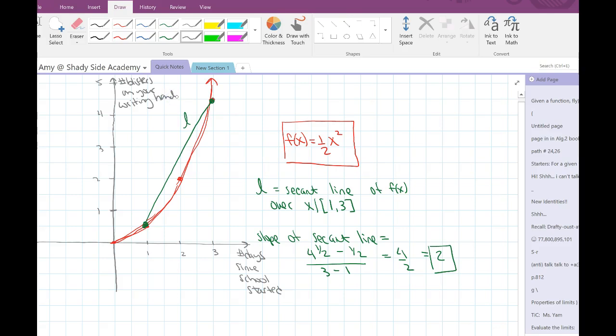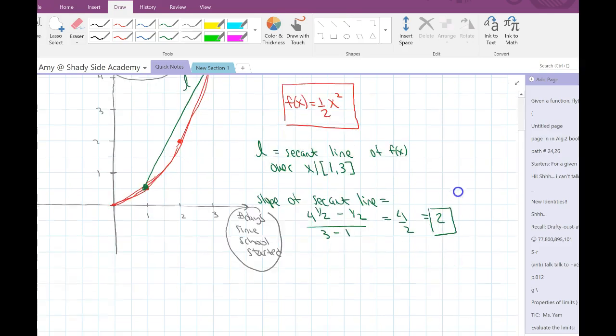In the context of these two variables, what would you say the slope of this secant line represents? Have a 30-second conversation. I'll give you a phrase. Rate of change. Tell me what the slope of the secant line represents.